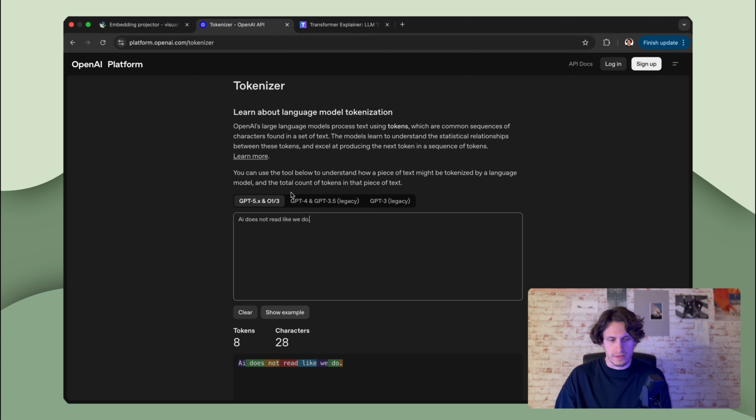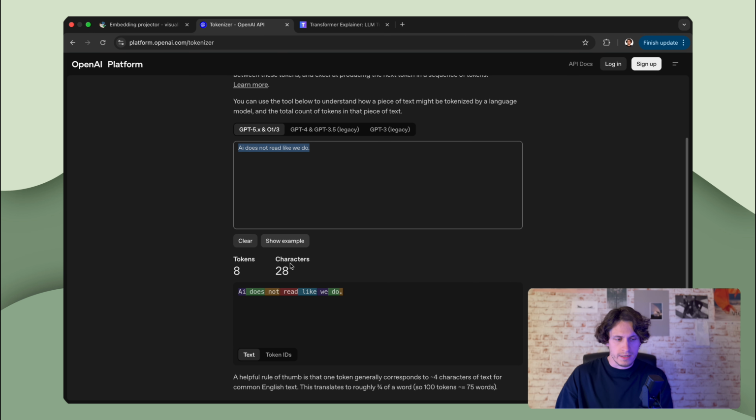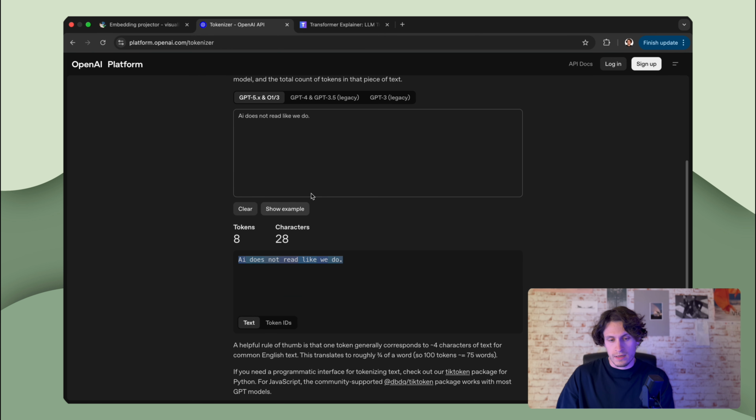I just understand the meaning. But a language model begins in a very different way. Before it can respond to the sentence, it first breaks this sentence into smaller pieces called tokens. So instead of treating this as one complete sentence, the model may see something more like this.